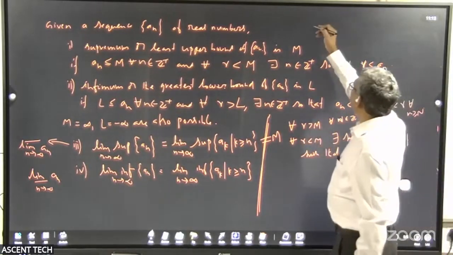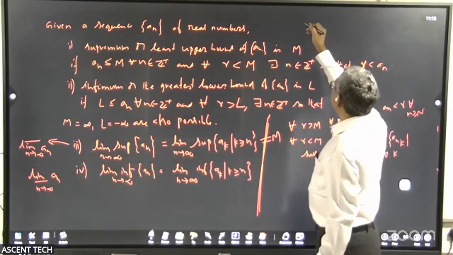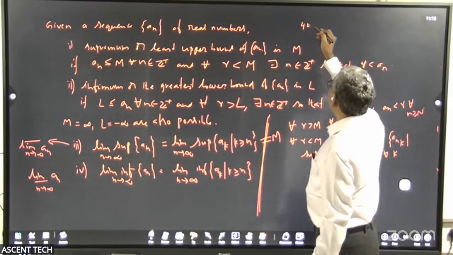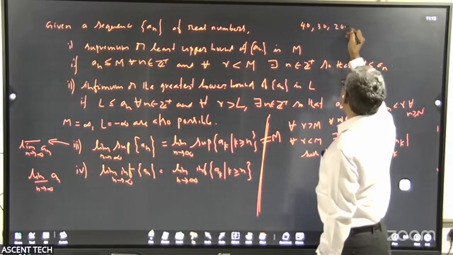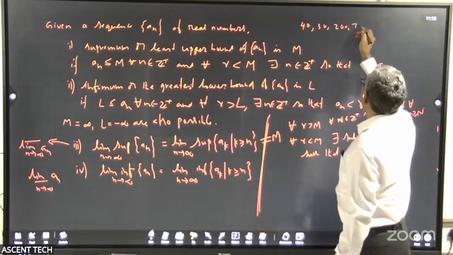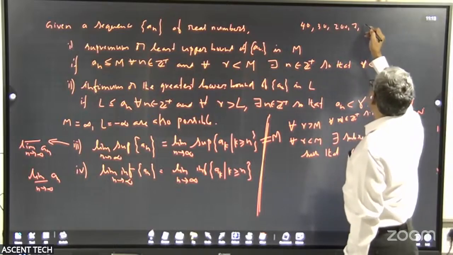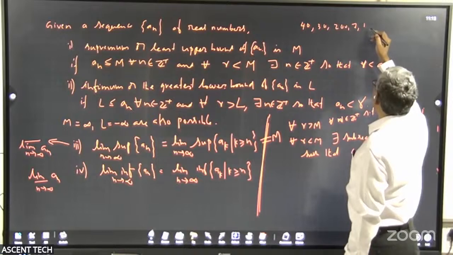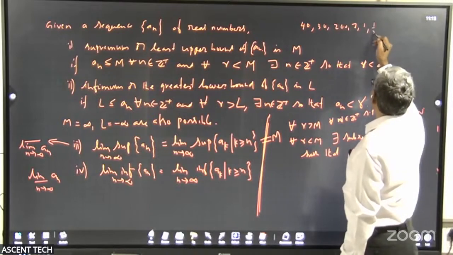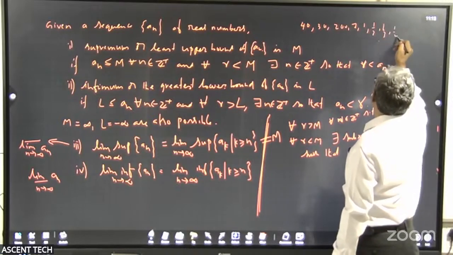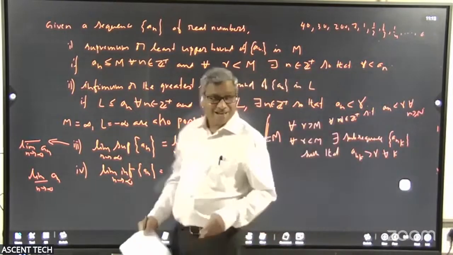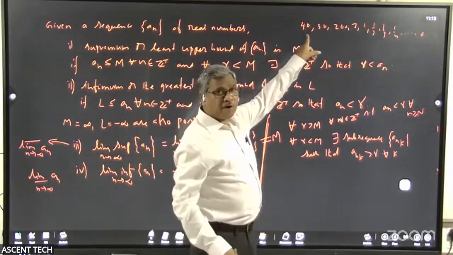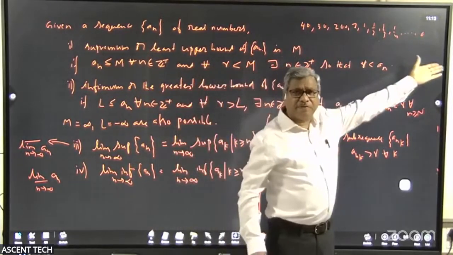You can take this, for example, I can take some numbers: 40, 30, 200, 7, 1, right? 1 by 2, 1 by 3, 1 by 4, etc. The supremum of this is 40, but you need to look at the behavior.